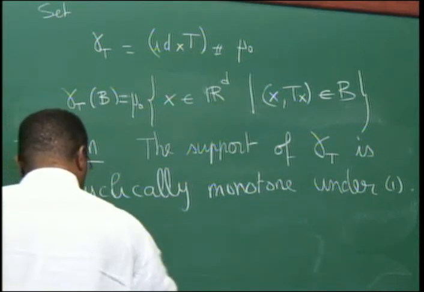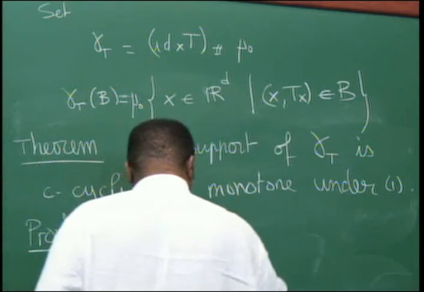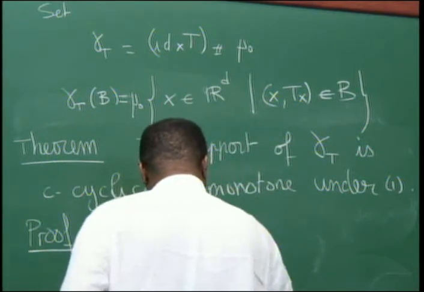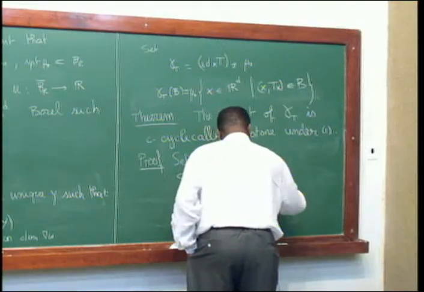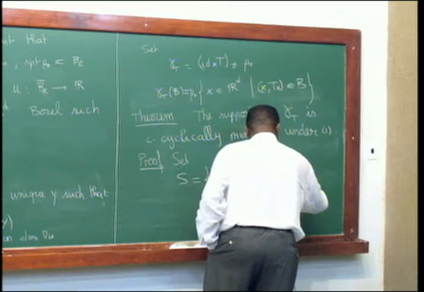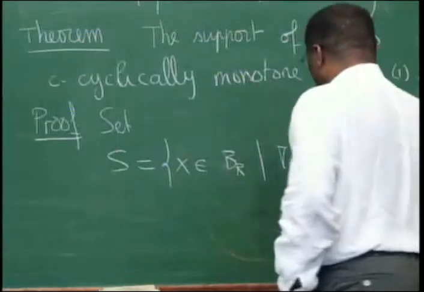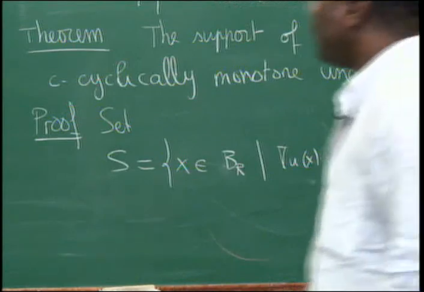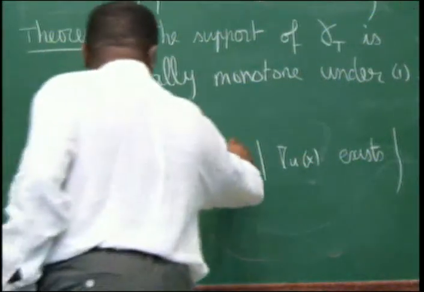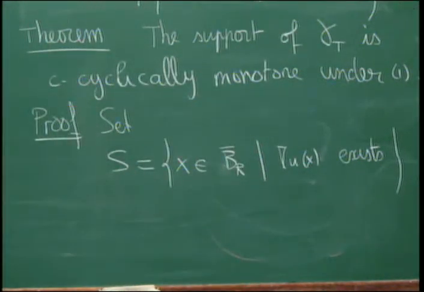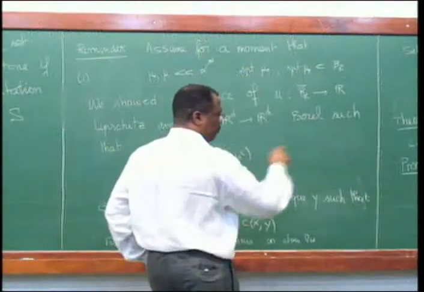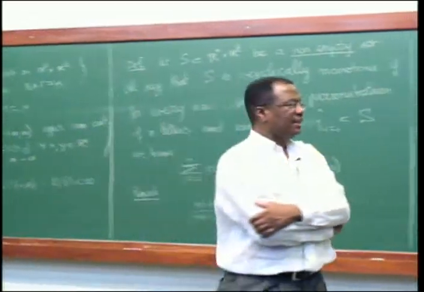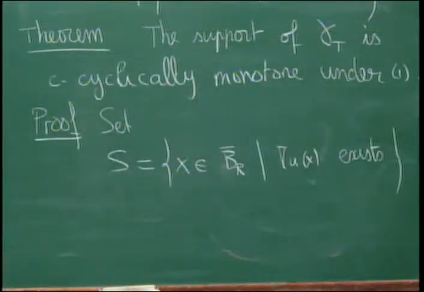Proof: set S to be the set of x in the ball in Rd such that the gradient of u of x exists. Since u is Lipschitz, this set is a set of full measure, meaning the complement of that set in the ball is a set of zero measure.